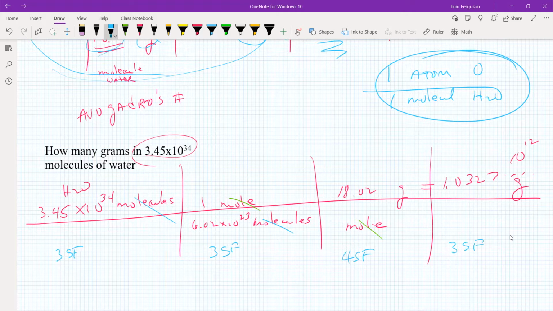So we go to the 4th place. That's 0 to 4, so we drop it. So the answer is going to be 103 times 10^12 grams. We've got sig figs, numeric answer, and units.